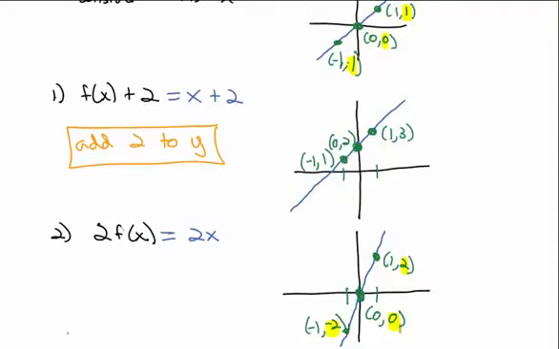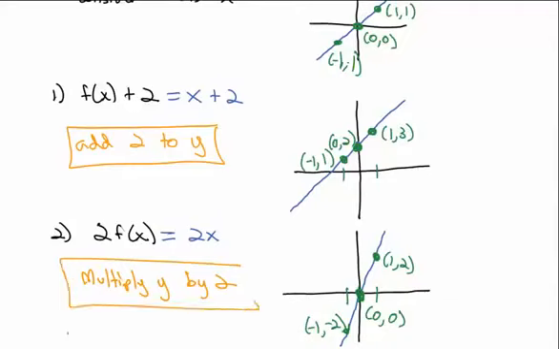And as you might guess, we multiplied the function by 2, so you can tell we also multiplied our y values by 2. If the function gets multiplied by 2, we multiply the y by 2 as well.